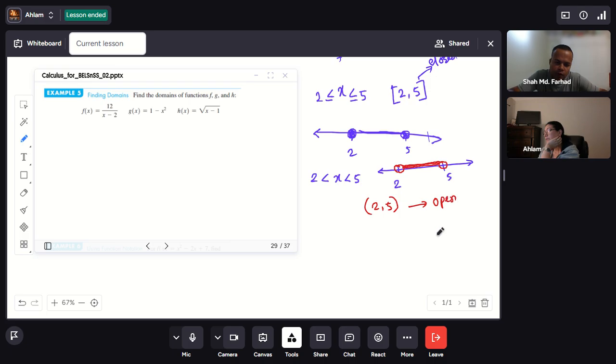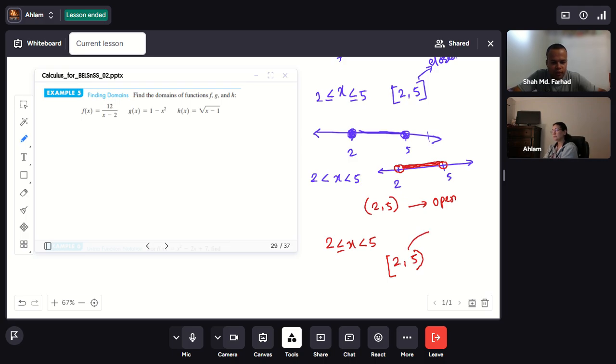But if we are given that the first one, 2, is included and the second, 5, is not included, we can write it with a third bracket on the left and a first bracket on the right. If we use a third bracket, the value is included. If we use a first bracket, the value is excluded.